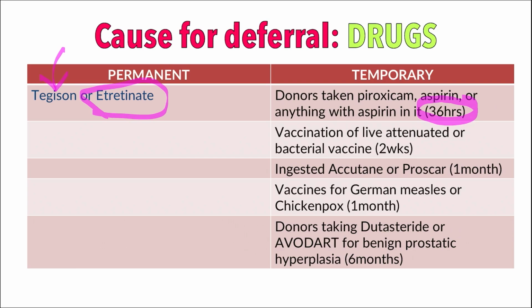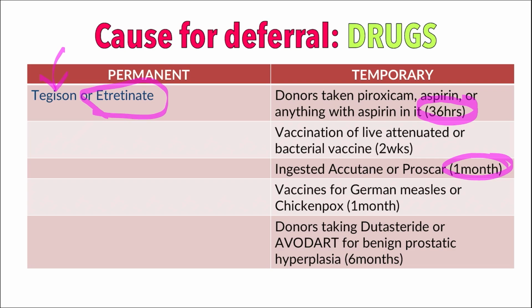Ingested Accutane or Proscar, that's 1 month. Accutane is a retinoid medication used to treat severe acne. And also vaccines for German measles or chickenpox, that's 1 month.